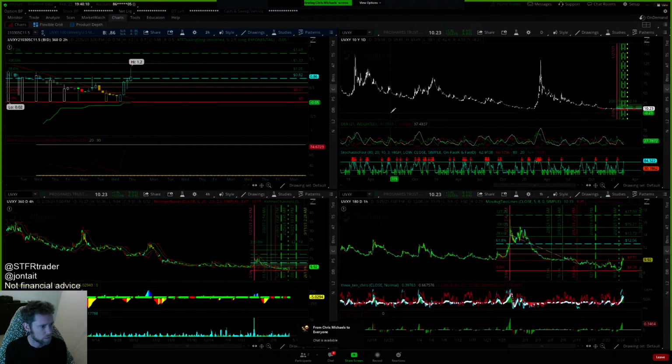I have four screens. On my bottom right, I have a 1 hour. On my bottom left, I have a 4 hour. On my top right, I have a daily, and that's of the underlying. If you go over here to the top left, I have the 30-minute chart of the option chain that I'm trading or that I want to trade.